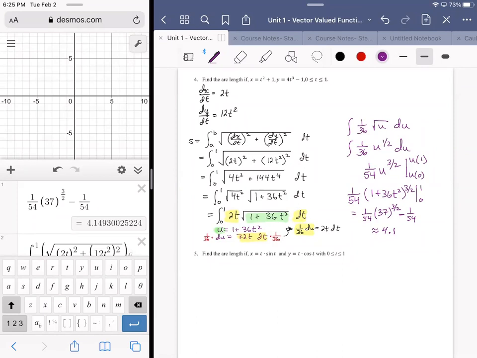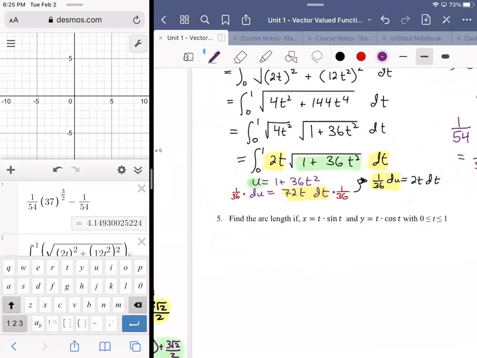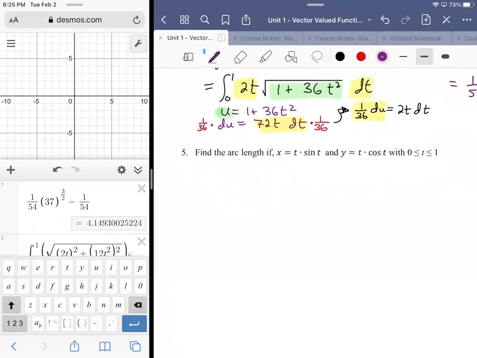All right, number 5, find the arc length. If x is equal to t sine t and y is equal to t cosine t, so we've got a little work ahead of us. dx/dt, the little product rule here.